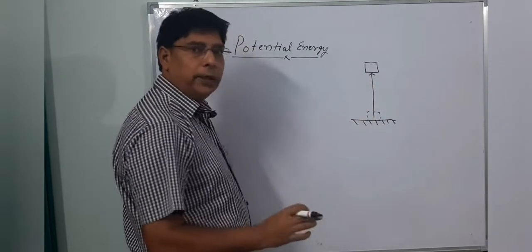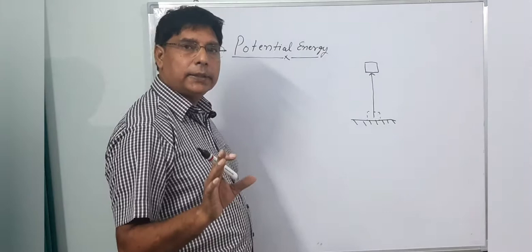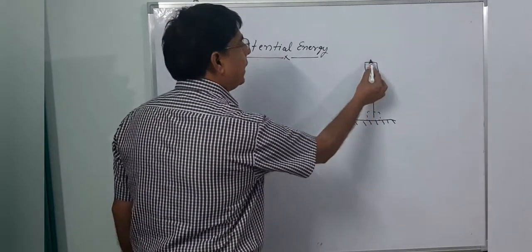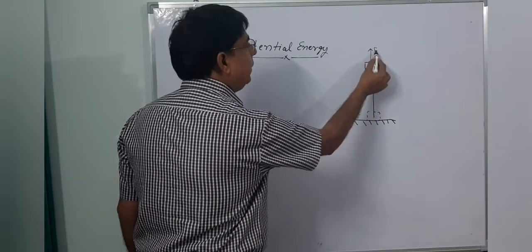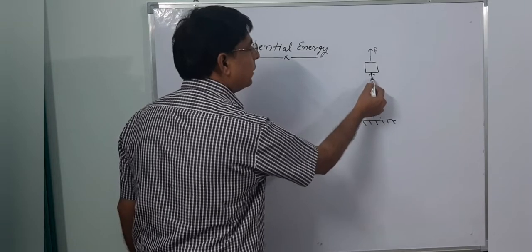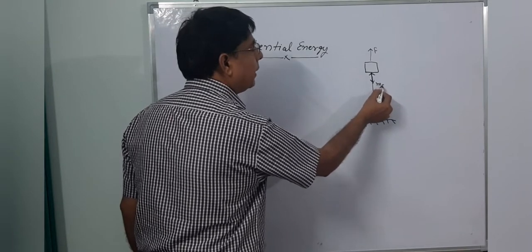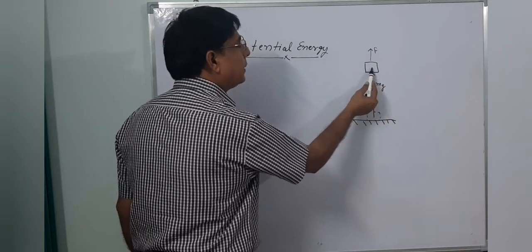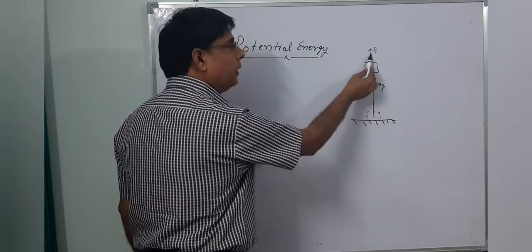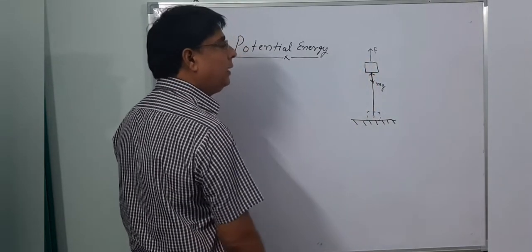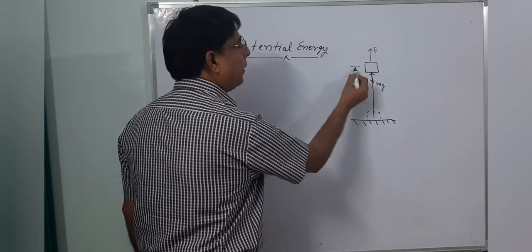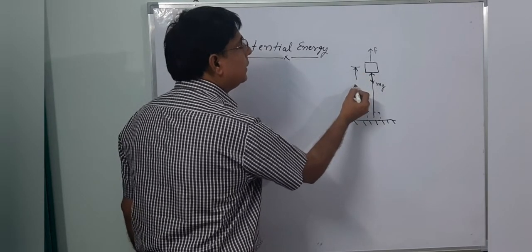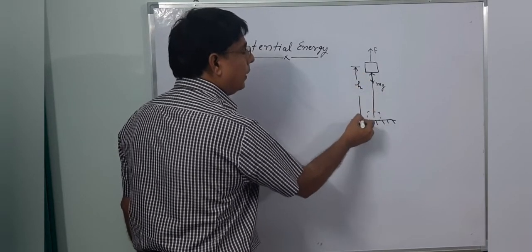Here we are moving this object without any acceleration by applying an external force which is equal to the weight of the object. Weight of the object is acting in the downward direction, and the external force which we are applying on it to raise it to a certain height h above the ground is F.